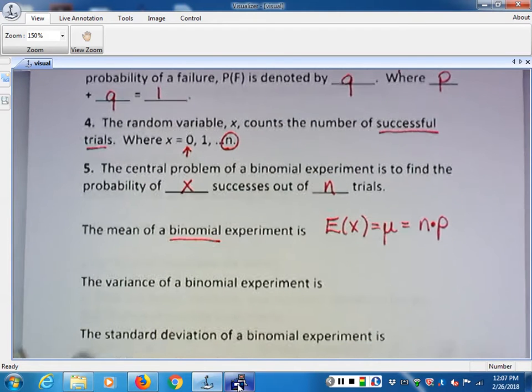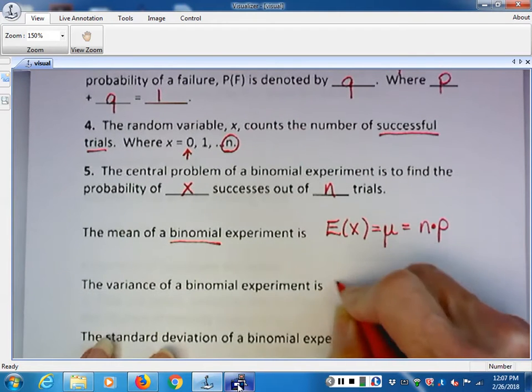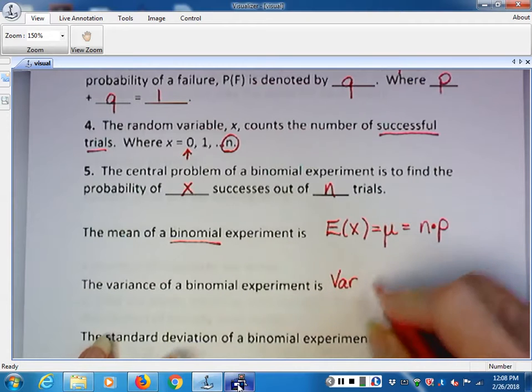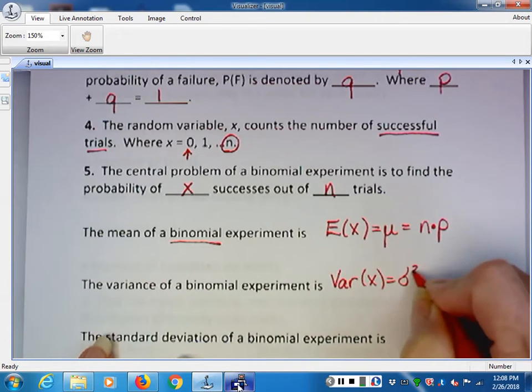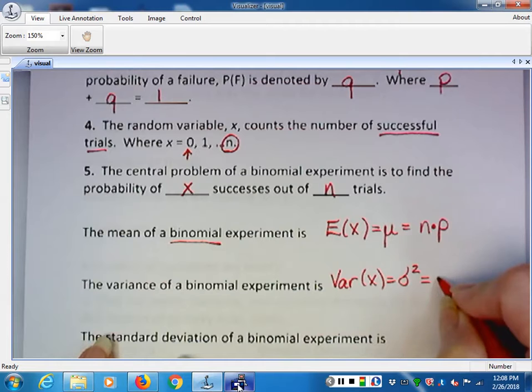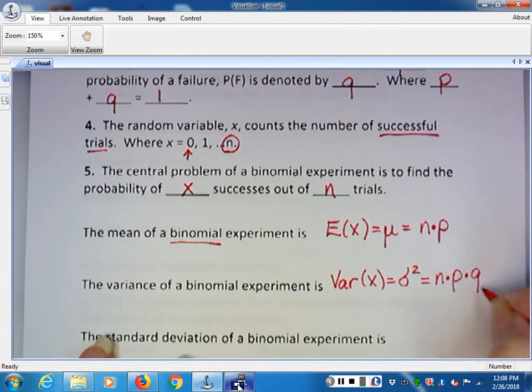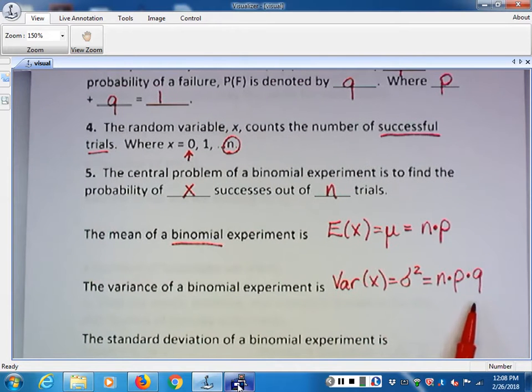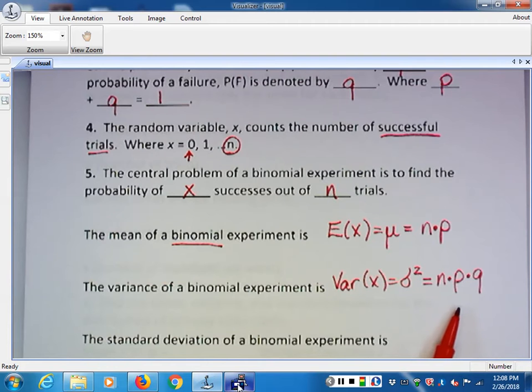Now the variance is sigma squared, and you can calculate it by taking N times P times Q, where Q is the probability of failure. Now there's no logic behind that one. It isn't like the expectation where you can kind of make sense of it. That's just a formula. I will not make you memorize that formula. You will have formulas on the next test.